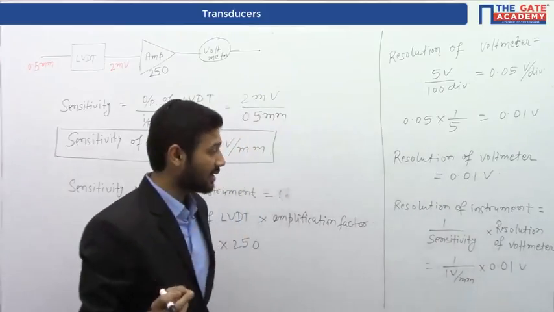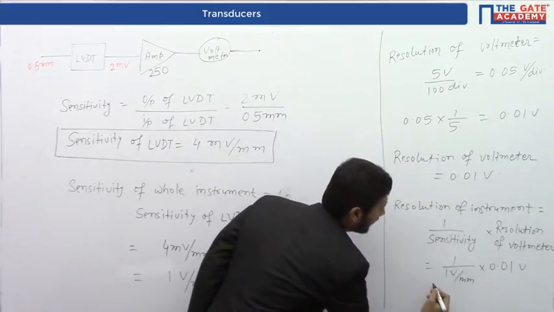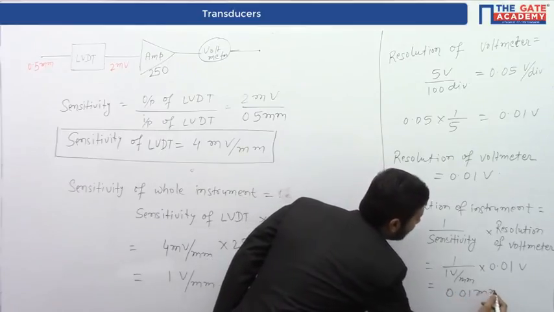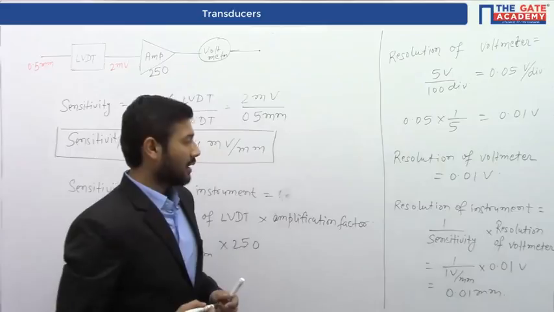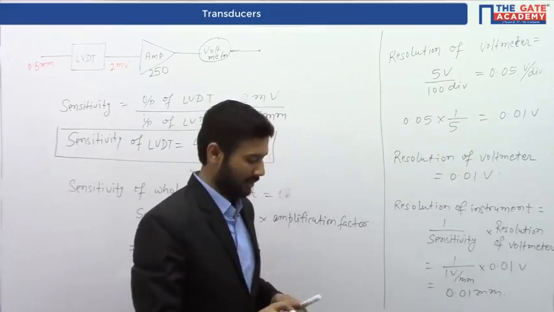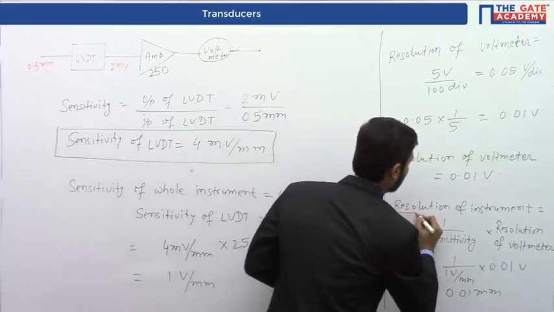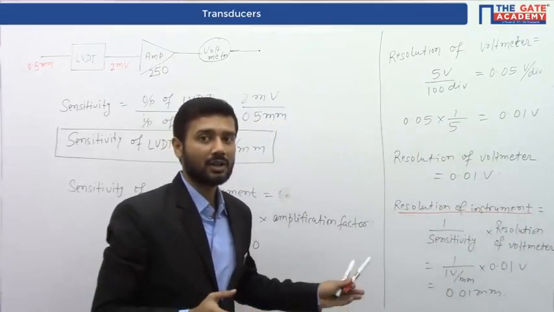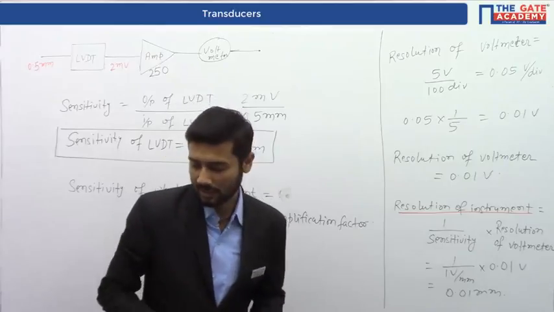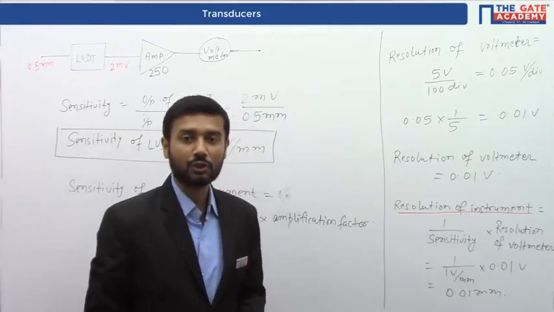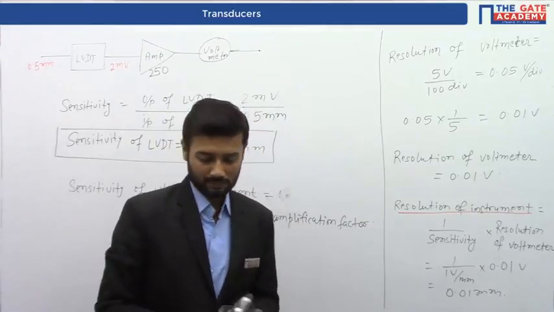Now the answer is 0.01 millimeter. The resolution of the instrument is 0.01 millimeter, and that is our final answer. So we have got the answer to our question. Now we are going to solve another question.